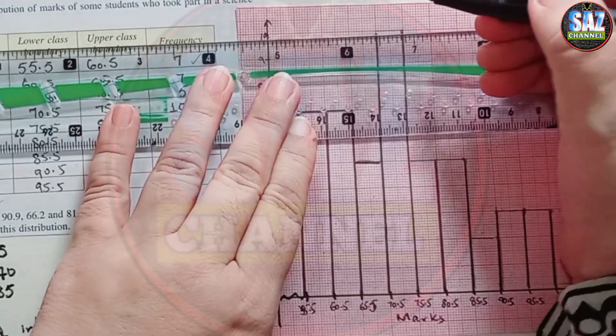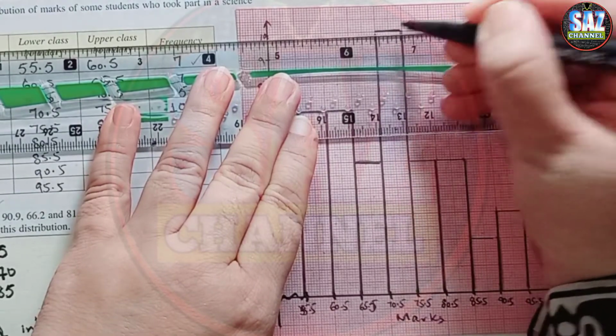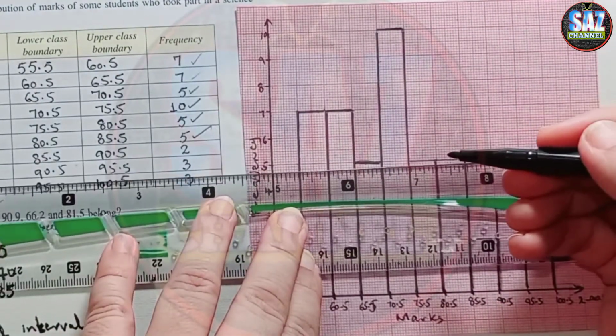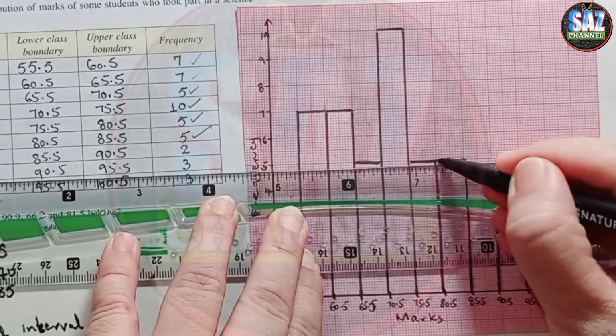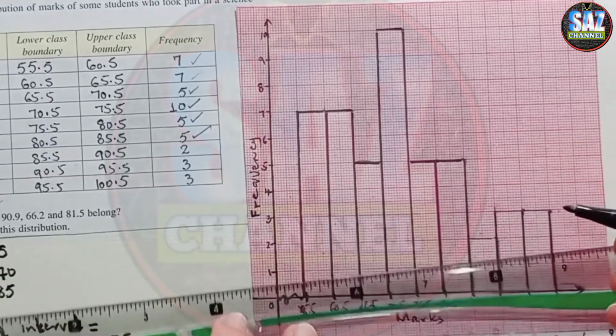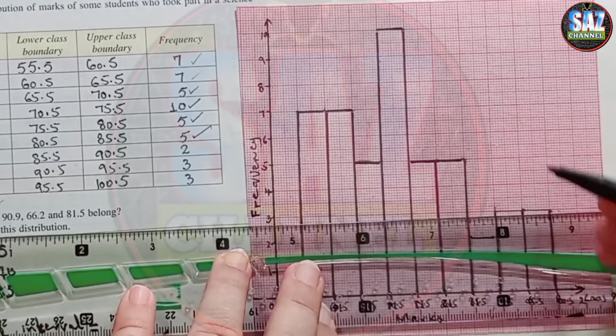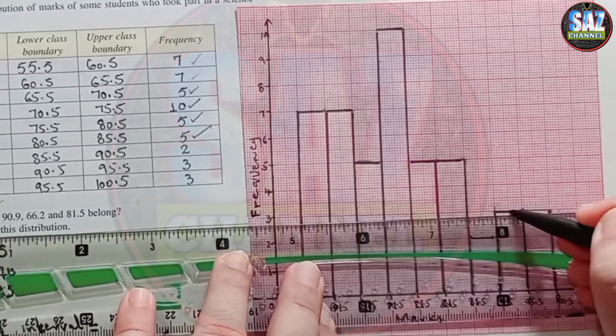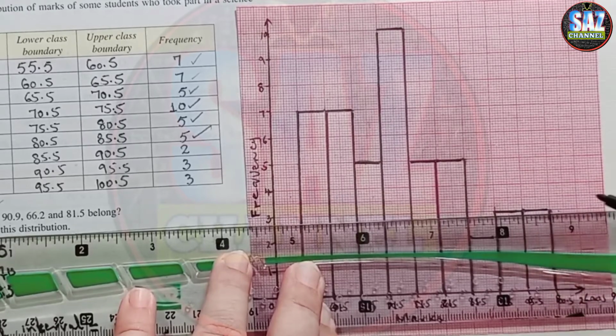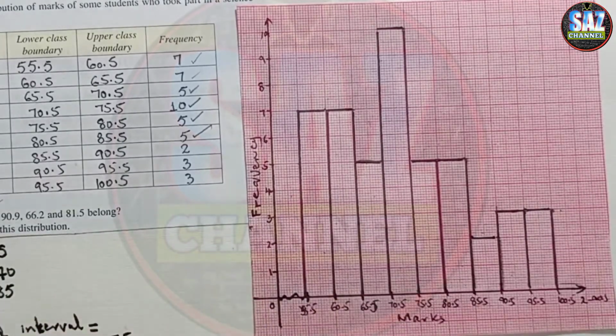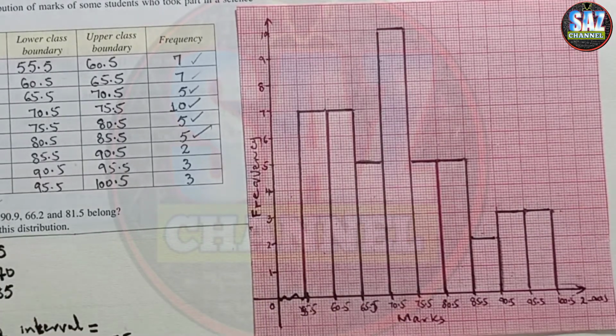But if the class width of even a single class is not equal, then you do not have to plot actual frequencies. How to do that? For that, you have to catch me in the next class, because that technique is also one of the important techniques of the construction of histograms.